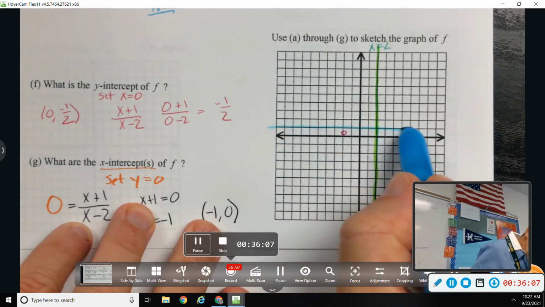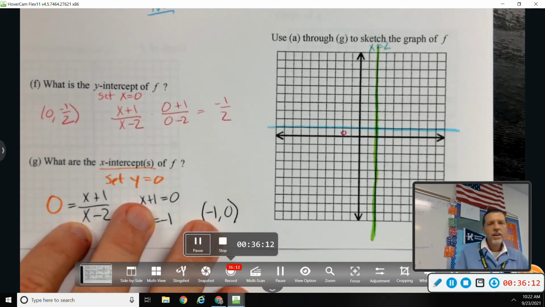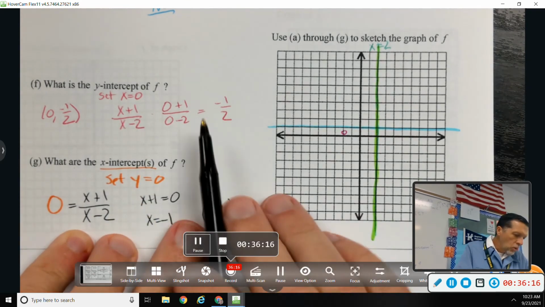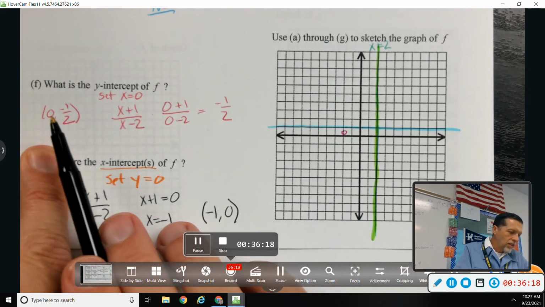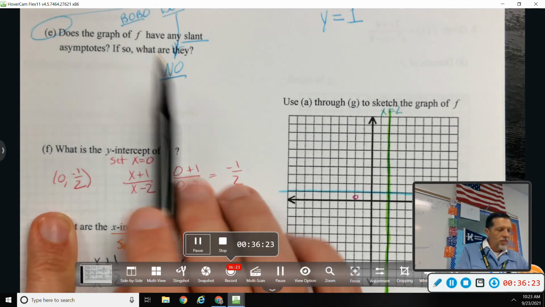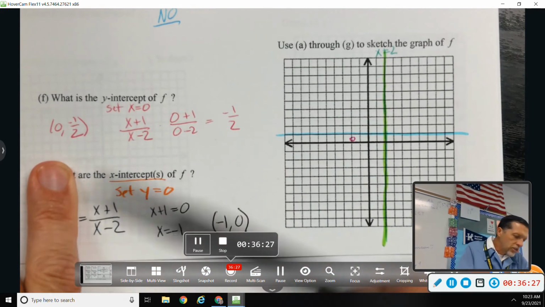So there's my horizontal asymptote at y equals 1. Y-intercept at, oh, I guess I skipped the slant, but there weren't any slants because there's always a slant or a horizontal, not both. So no slants. Y-intercept at 0, negative 1/2.